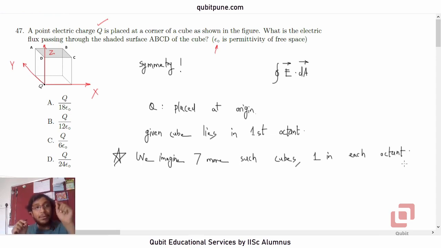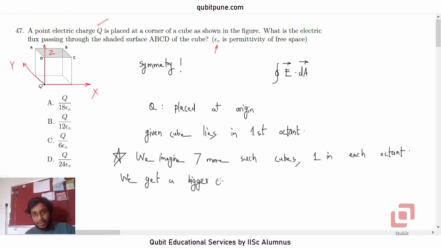What is going to be a consequence of that? That is actually going to give us a bigger cube, a larger cube, and this point charge Q will be sitting at its center.